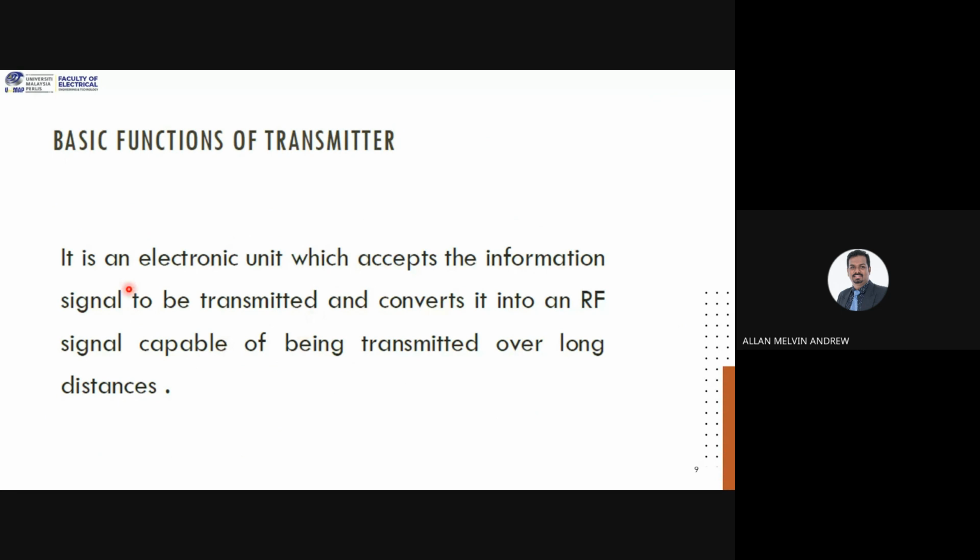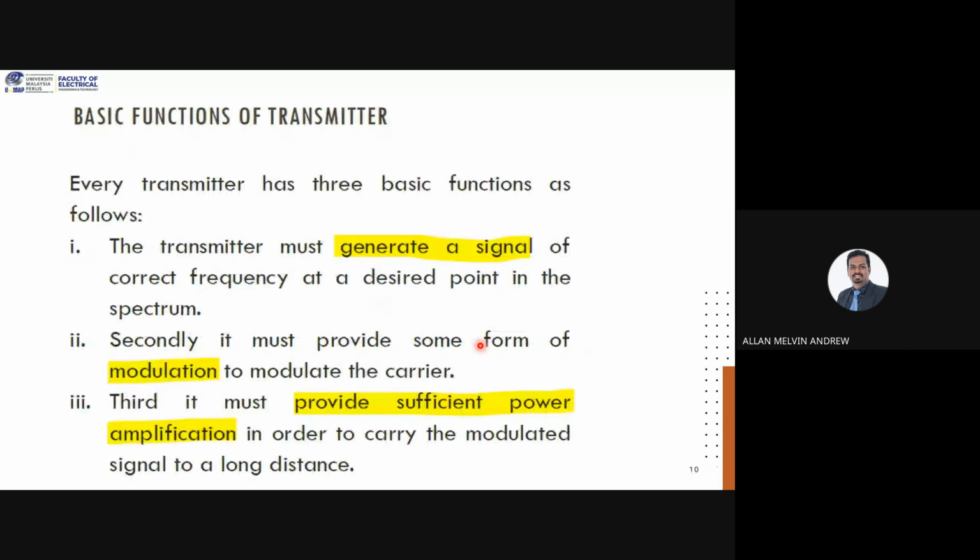Okay, so the basic function of a transmitter is to accept the information signal to be transmitted and convert it into a radio frequency signal for transmission. Every transmitter has three basic functions. First, the transmitter must generate a signal of the correct frequency at a desired point in the spectrum.